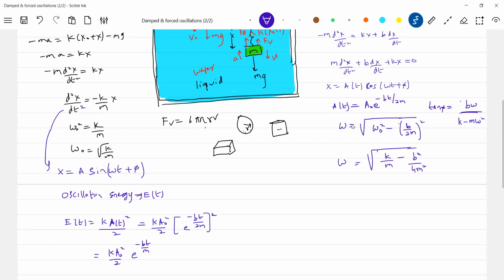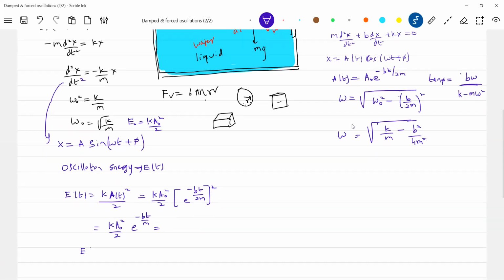So this K A naught square by 2, I'll write it as E naught here. Formulas are very, very important. So these are the equations what I had.